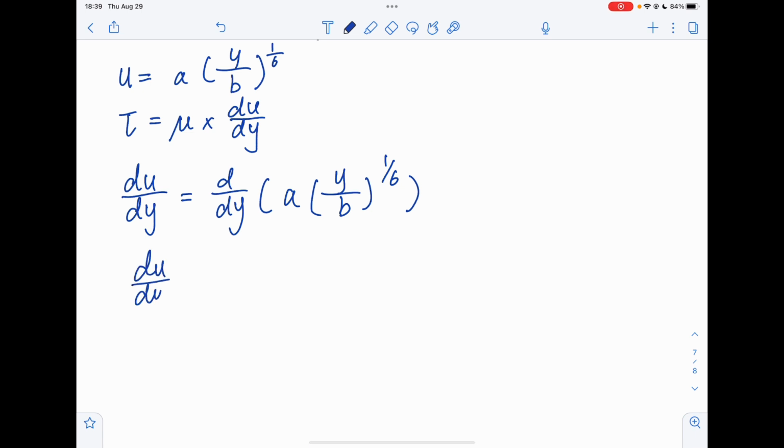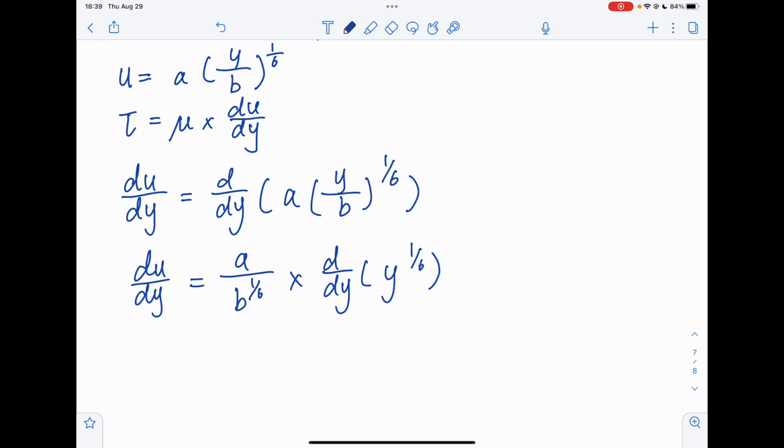So du over dy equals A over B to the power of 1 over 6 times d over dy of y to the power of 1 over 6.